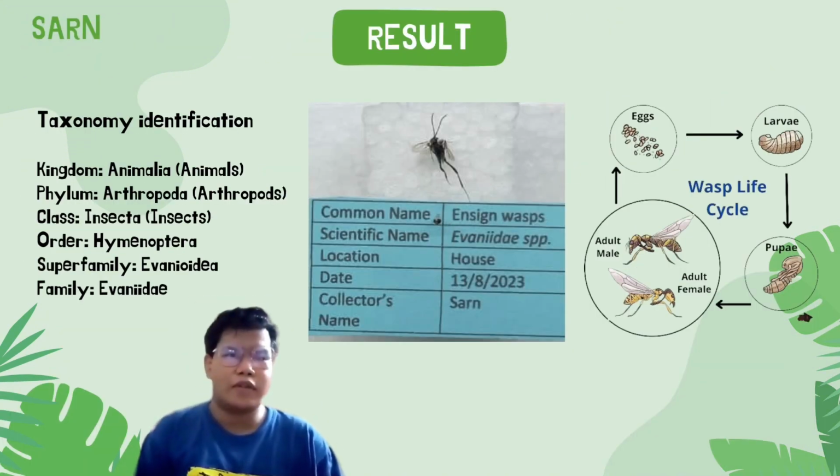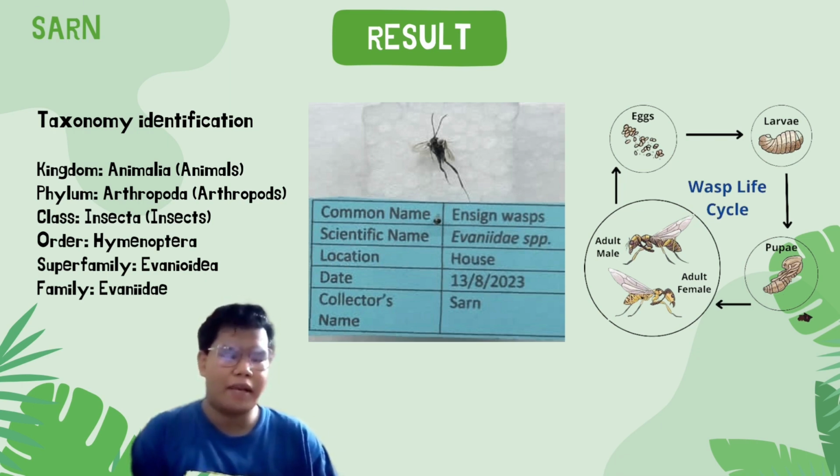So let's see another example from my friend. The result is a wasp, whose scientific name is Evenady sp. For the taxonomy identification, we can see kingdom Animalia, phylum Arthropoda, class Insecta, order Hymenoptera, superfamily Ichneumonoidea, and family Ichneumonidae. The life cycle is from egg, larva, pupa, and adult.